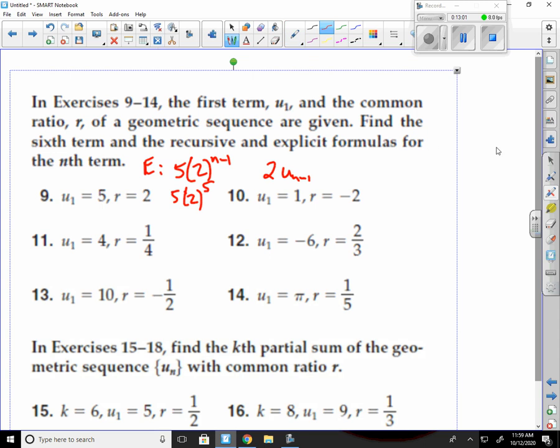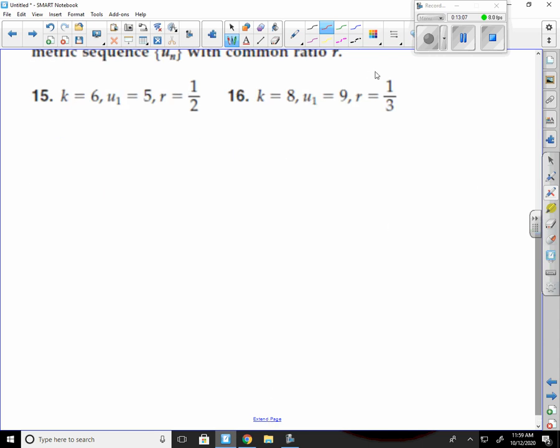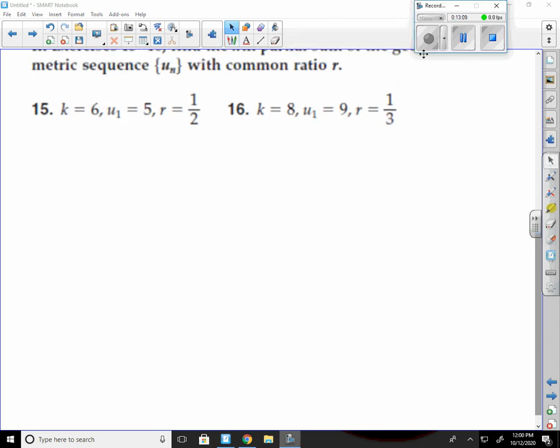Let's go down to the kth partial sum of the geometric sequence with a common ratio r. These are important to remember how to figure out. K is my number, so I can set up my partial sum based off of that.